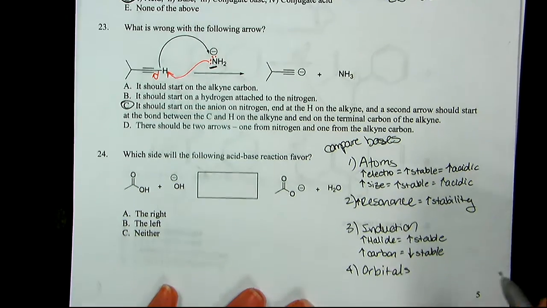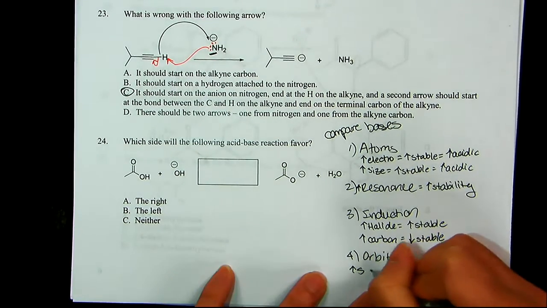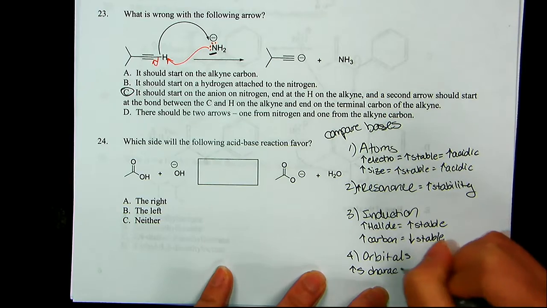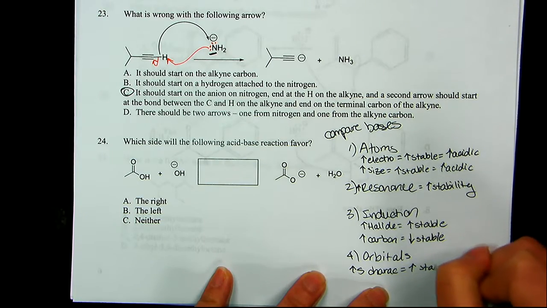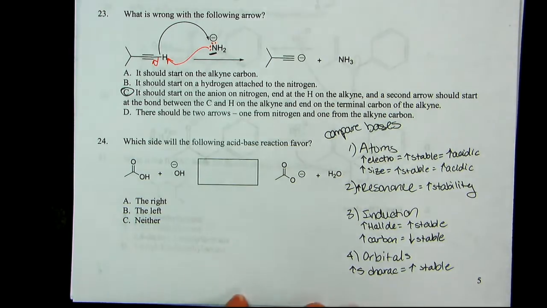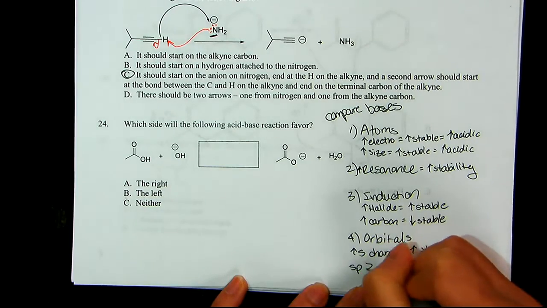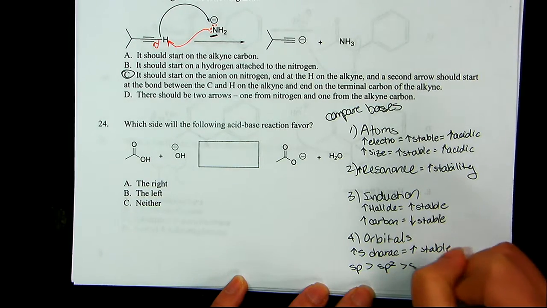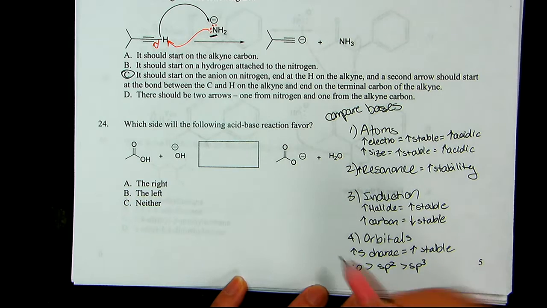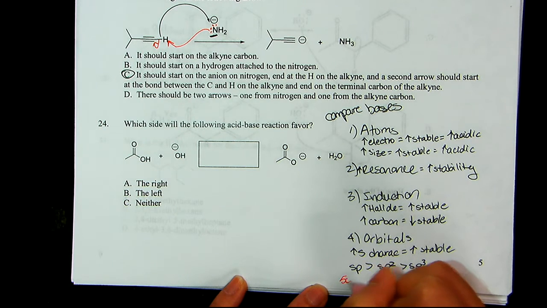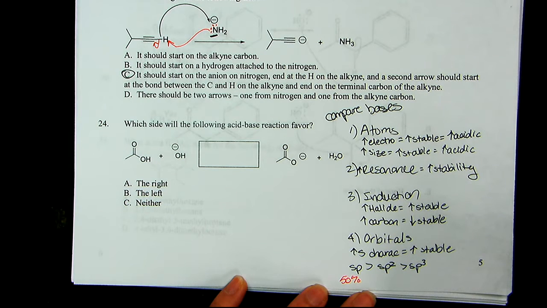For orbitals, if you have an increase in S character, it's going to increase the stability. So what does that mean by S character? That means sp is going to be more stable than sp2, which is more stable than sp3. And why is that? Because you look at this 1-to-1 ratio, so 50-50 for S and P character. So it's 50% S character.